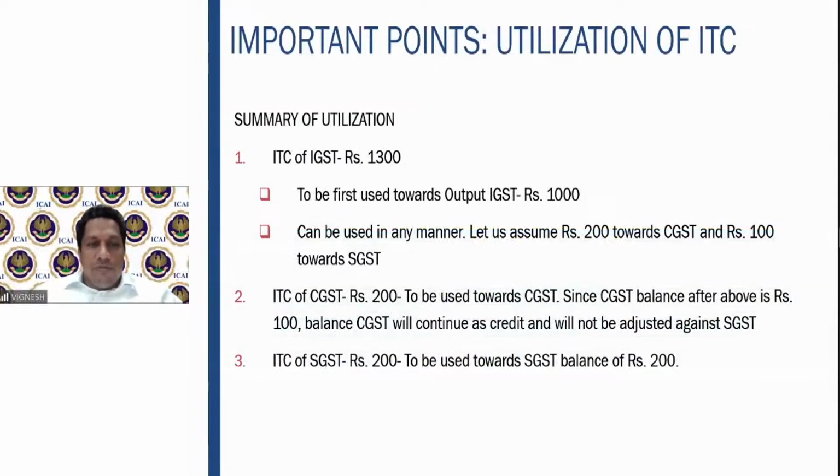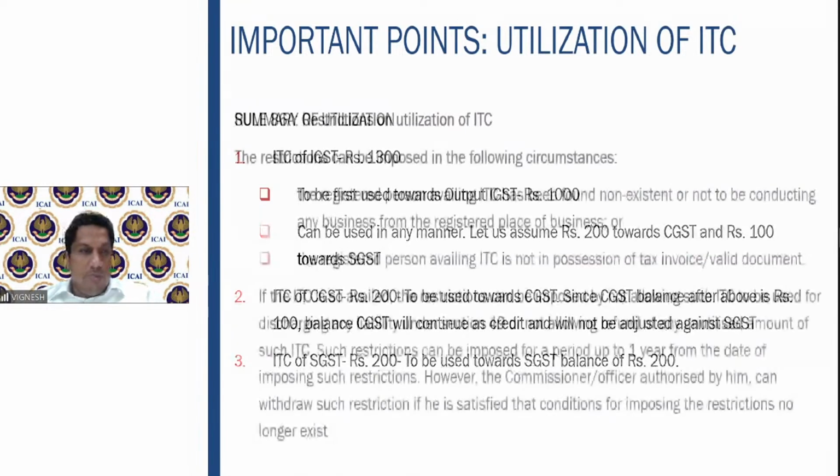So ITC of CGST, whatever is there, 200 is to be used towards the CGST. Since the CGST balance after the above is 100, the balance CGST credit will continue as credit and will not be adjusted against the SGST. I hope it is clear. And whatever SGST ITC is there, you will use towards the SGST balance of 200 rupees. Fine.